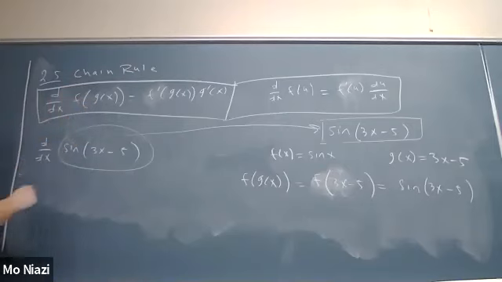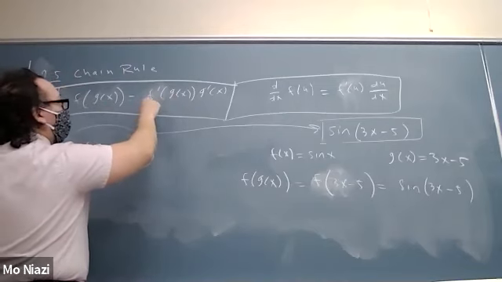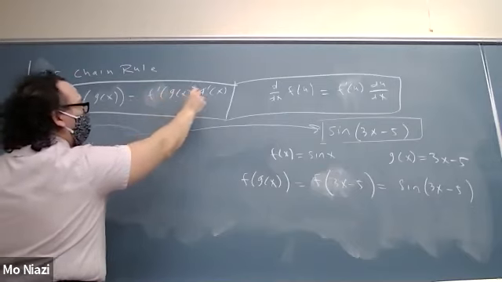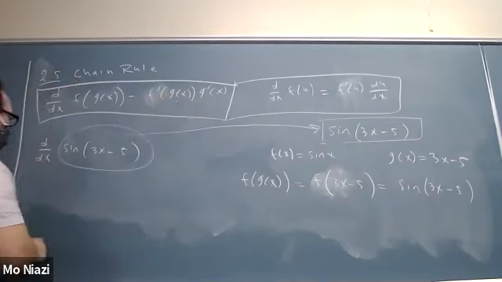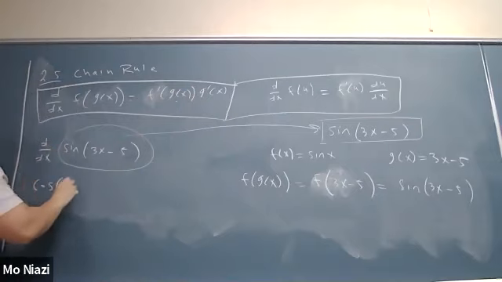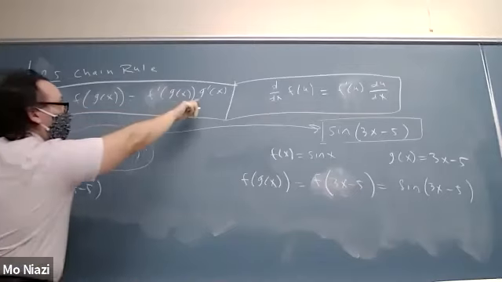So first, the chain rule says, take the derivative of the outside function and leave the inside function constant. So the derivative of the outside function, sine, if you watch the videos of the previous sections on trigonometric derivatives, the derivative of sine is cosine. And then we keep the inside function constant. So the outside function becomes cosine, the inside function stays, but we're not done. We have to do this part.